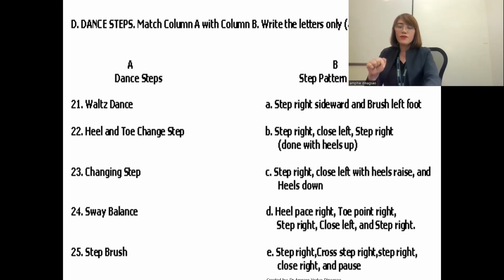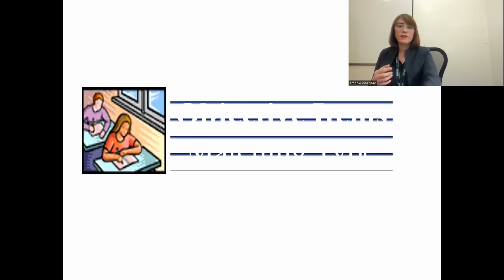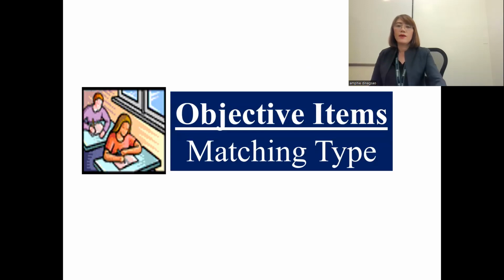So our students will really have difficulty answering this because they're going to do all those in the step pattern. And there are PE classes that are like this. This is their assessment. Okay, so those are our basic guidelines when constructing a matching type of test.